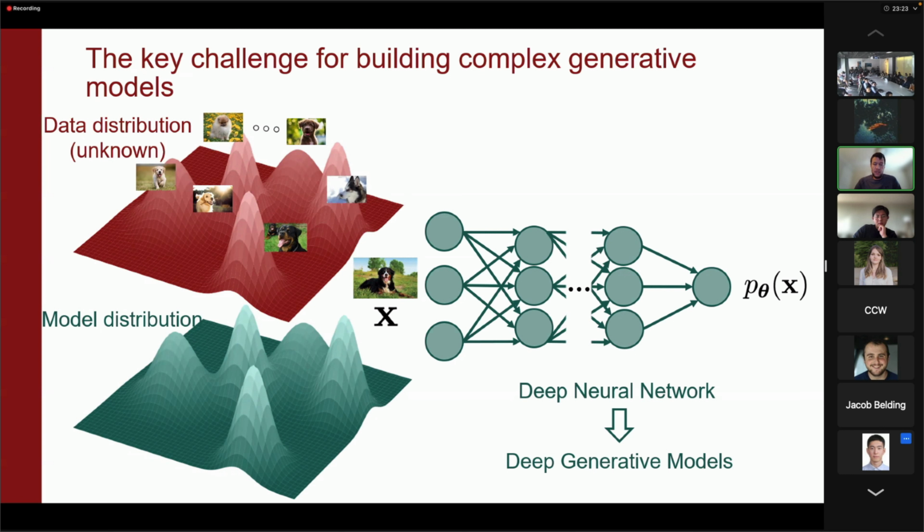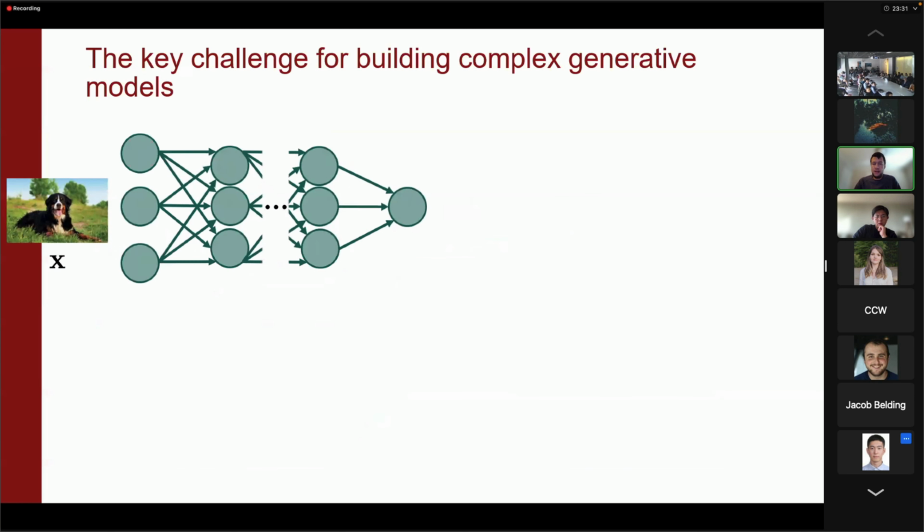But designing a deep neural network that assigns probabilities with a high-dimensional input space is non-trivial, because a probability density function needs to satisfy a bunch of constraints. It has to be non-negative. If you take an arbitrary neural network, the output might be negative, and so you can't think of it as a probability. You need to make sure that the output is non-negative for every possible input, which is not hard to achieve.